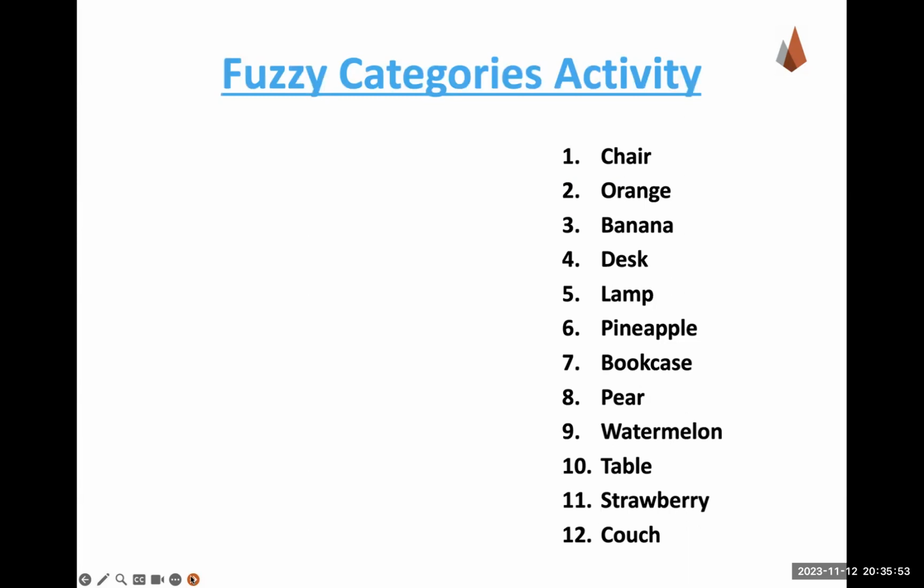Here are the words, if you're listening: chair, orange, banana, desk, lamp, pineapple, bookcase, pear, watermelon, table, strawberry, and couch. Sort these words into 2 categories.